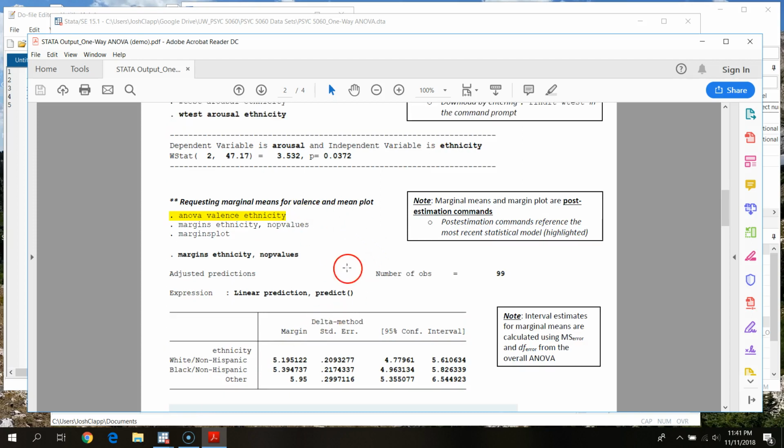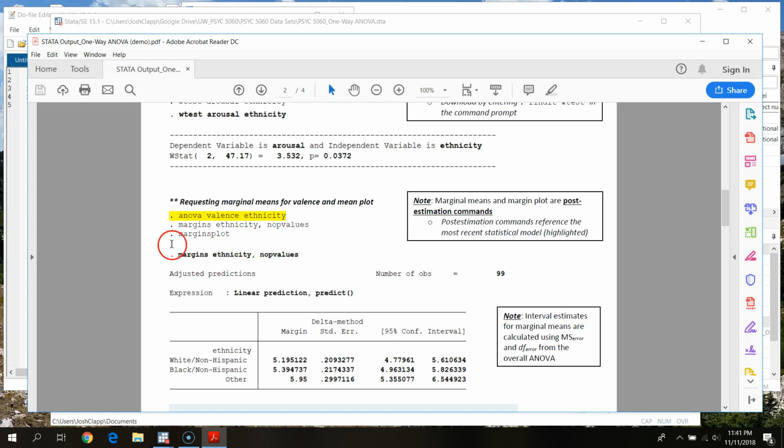Stata that's kind of nice is we can go through and we can request plots of our marginal means. Okay, marginal means in ANOVA or one-way ANOVA are the same thing as our observed means. We can do this in SPSS, but the nice thing that Stata will do is it'll give us confidence intervals around our output.